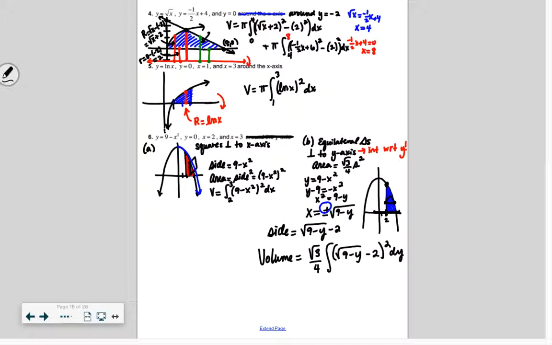What two lines am I intersecting? I'm intersecting the line x equals 2 and y equals 9 minus x squared, right? So 9 minus 2 squared gives me a y value of 5, so it's 2 comma 5. So I go from a y value of 0 to 5. That would be how we would do that problem.